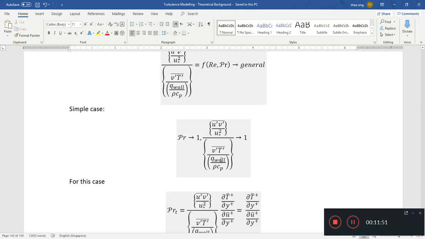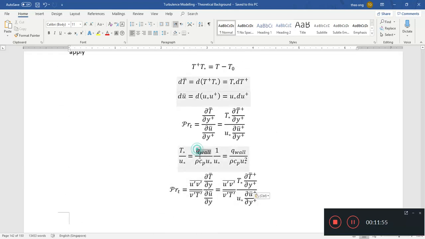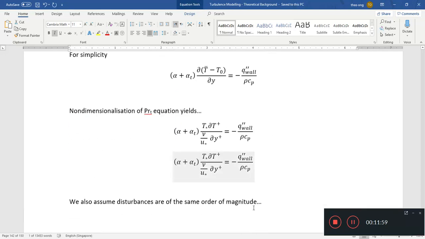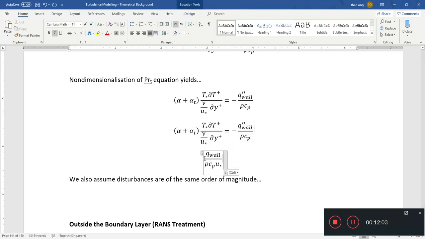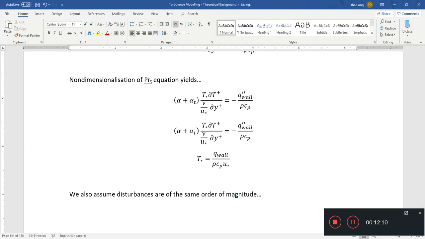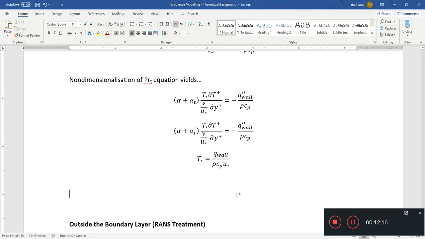T star is this thing here. So I'm just going to do as such. This T star equals this, and you just substitute in. And this one I leave out because I explained this part earlier.